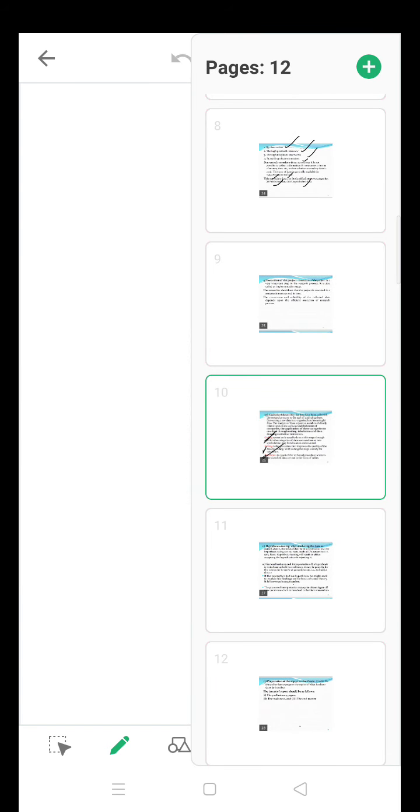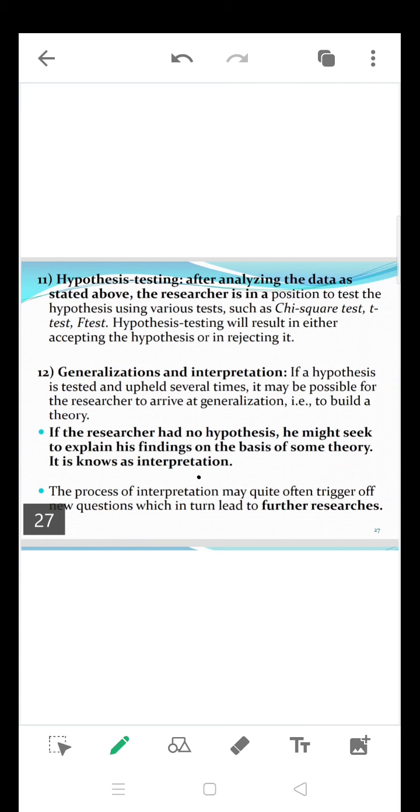So next step is hypothesis testing. As I told you, setting a hypothesis is an assumption of the researcher before starting collection of the data. Once the data is collected and the analysis is done, we test the hypothesis by using different statistical tools. These tools may be the chi-square test, t-test, or f-test. Whichever tool we use, it is either to accept the hypothesis or to reject the hypothesis.